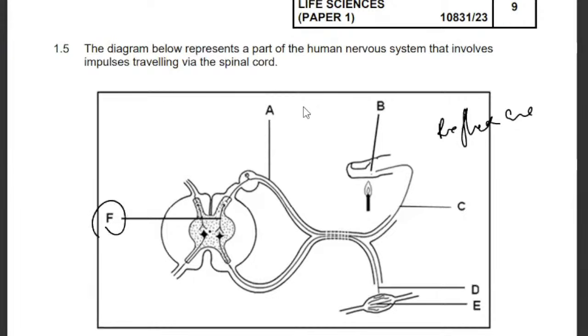So what is F? F is the interneuron. A is the dorsal root, which is a receptor, and then the sensory neuron or the dendrite, and then it's the motor neuron, and then it is the effector or the muscle.